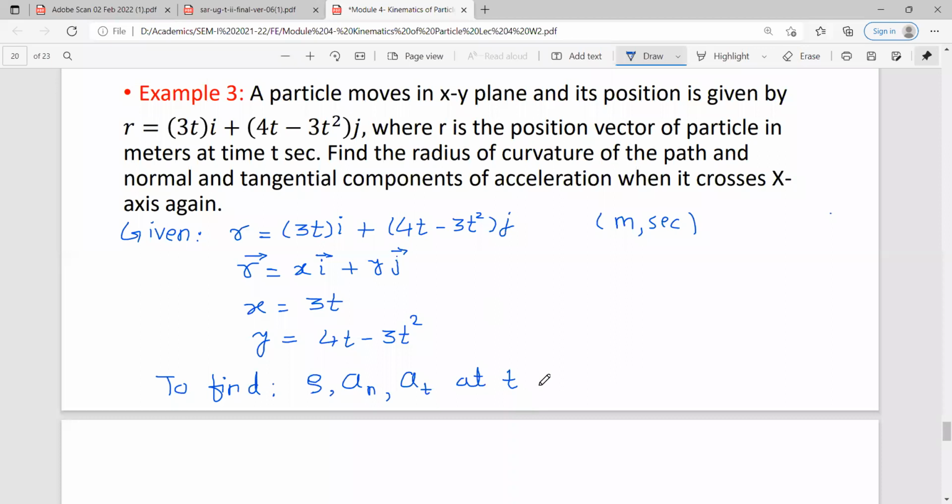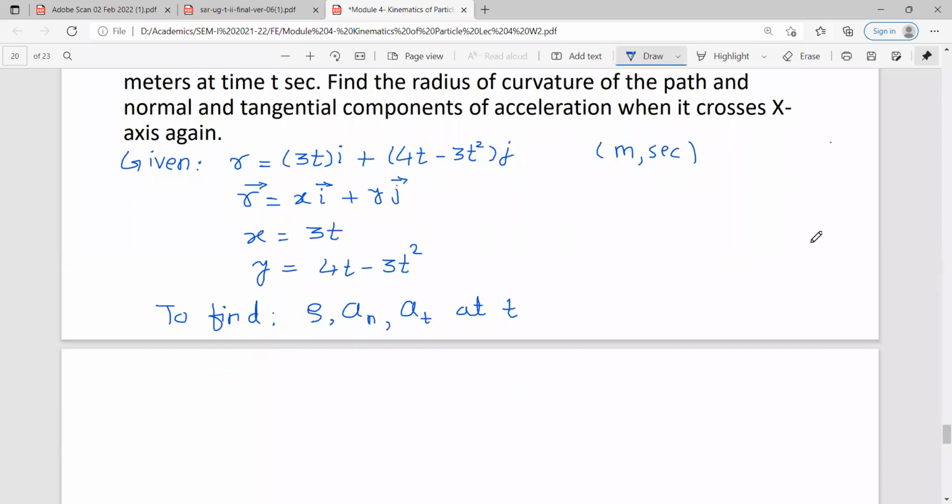So we have to find out when the particle is on the x-axis. You know, when the particle is on the x-axis, you can say that at that time the y coordinate of the particle is 0, right?